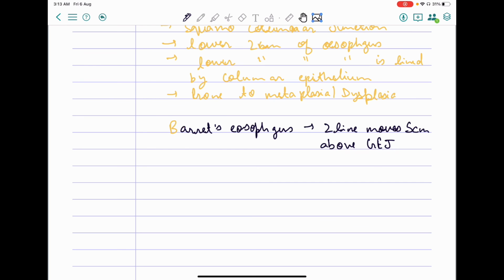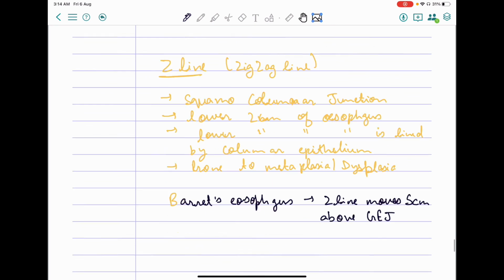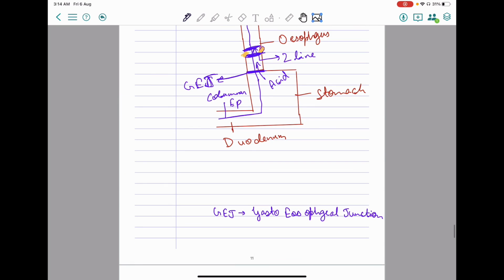It moves above the GEJ. So this is called Barrett's esophagus.